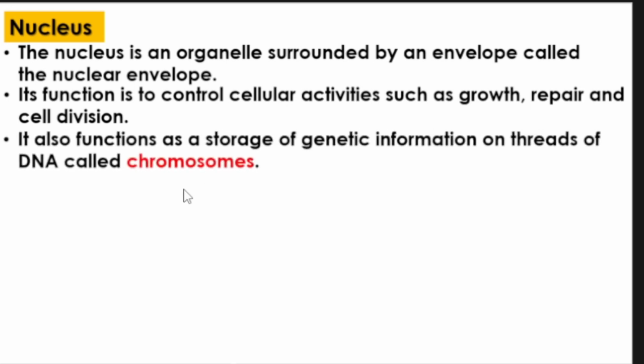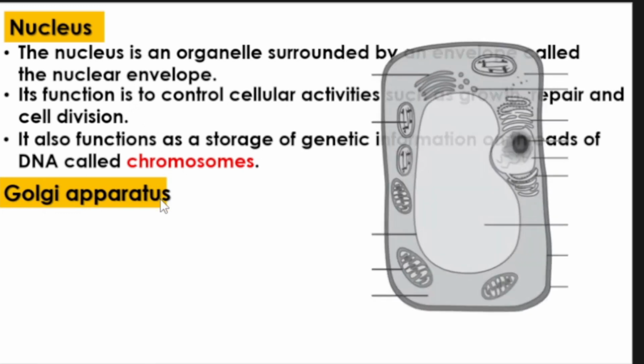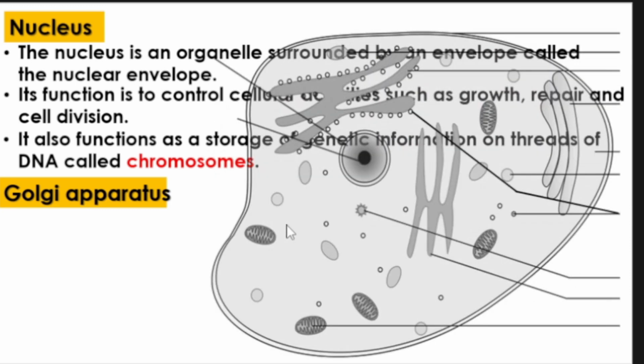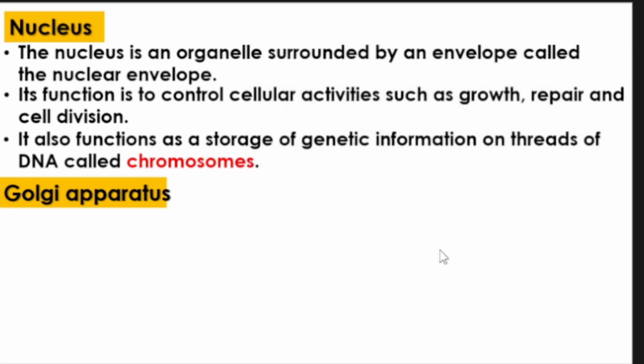All right, from the nucleus, now we are going to talk about the Golgi apparatus. For the plant cell, it is these parts here that we name as Golgi apparatus, and for an animal cell, it is this part here. The Golgi apparatus resembles a stack of flattened disc-shaped spaces surrounded by membranes.